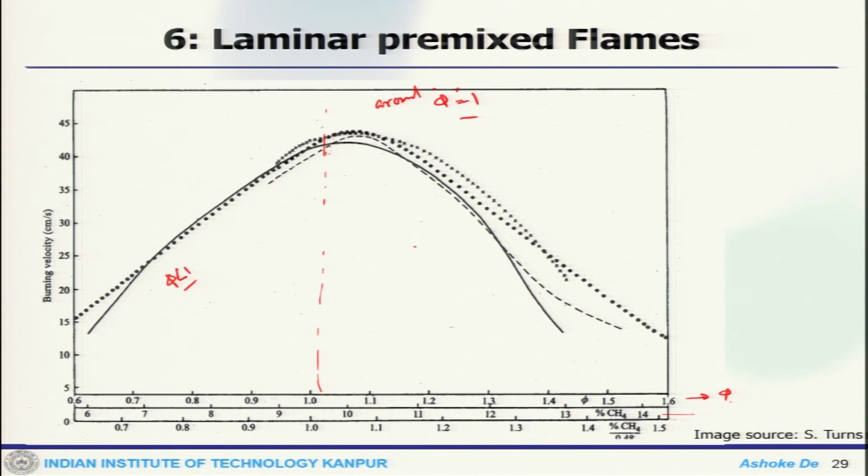After that, phi greater than 1, it starts decreasing again. This is one of the unique characteristics of hydrocarbon fuel. Other fuels you can also estimate, and there are analytical expressions available, so you can take it up as a small work assignment and calculate this. So, we will stop here and continue the discussion in the next lecture.